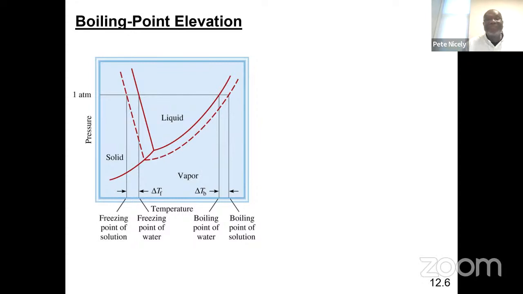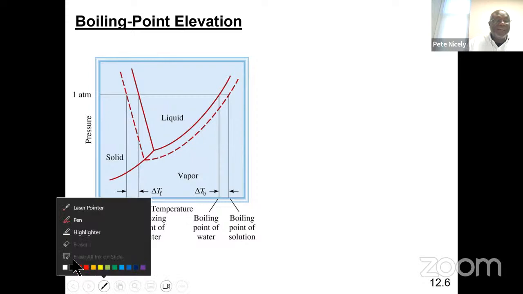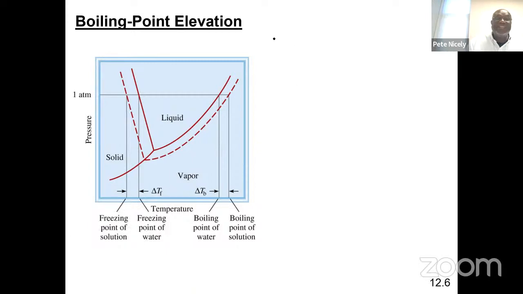All right, now, let's remind ourselves of what we mean by the term boiling point. To the non-chemist or the non-scientist, one may be tempted to say that the boiling point of a liquid is the temperature at which it boils, right? But that's not the actual definition. So let me write down the definition here.